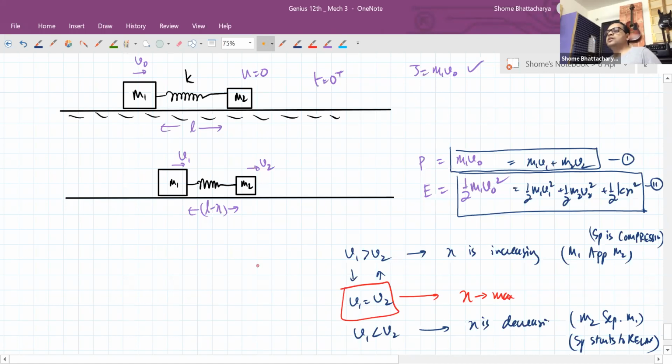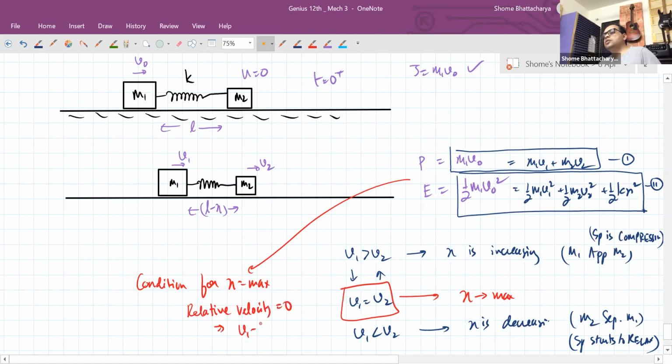So in these two fundamental equations, if we substitute the condition for X to be maximum, that the relative velocity between them is 0, that means V1 is equal to V2. So that's how we answer the first part.